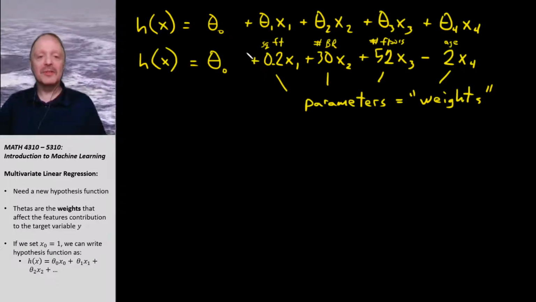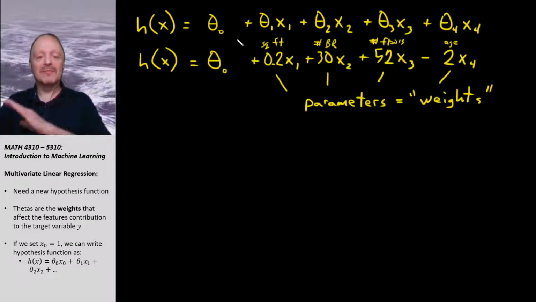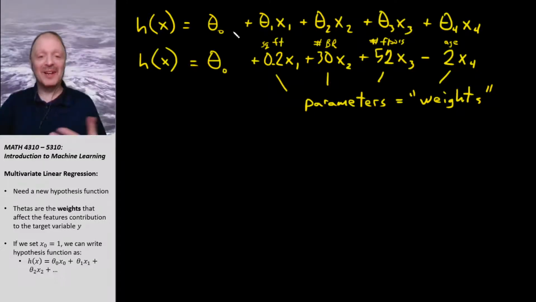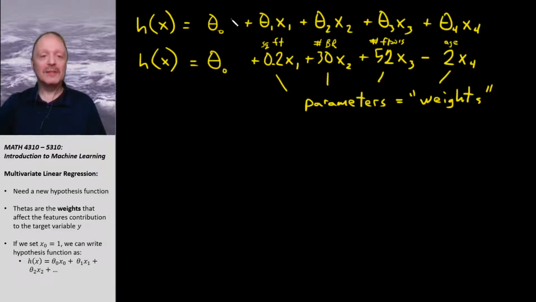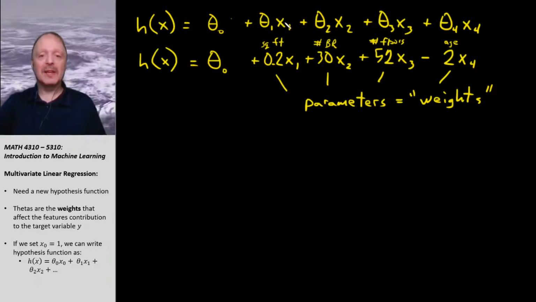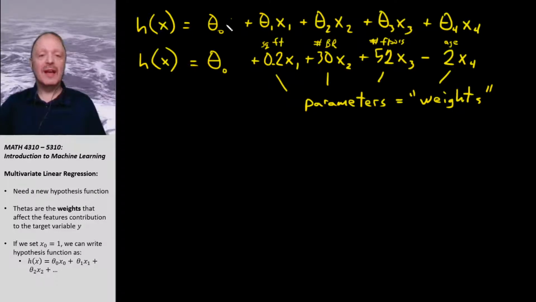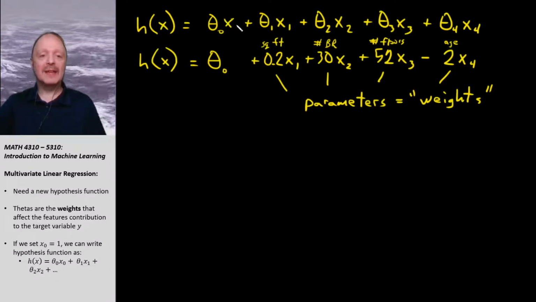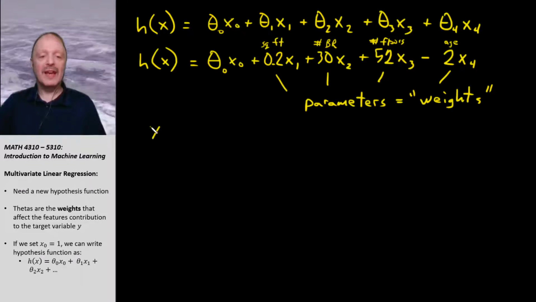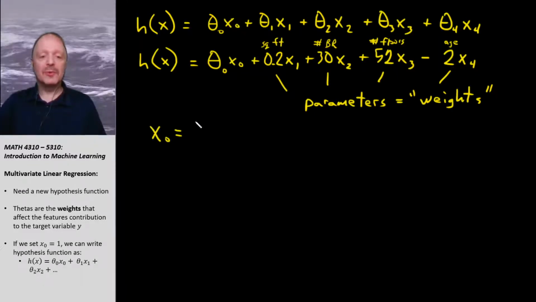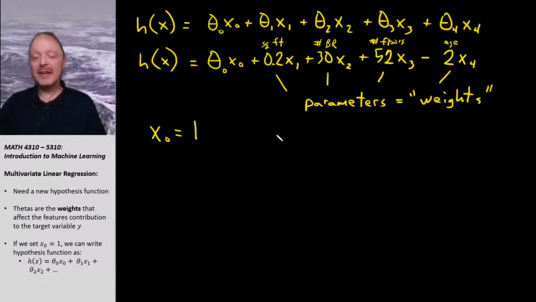You notice right off the bat, I left a space here after this theta 0. If I want to keep this same kind of notation, I can put an x of 0 here and just let x of 0 equal 1, okay?